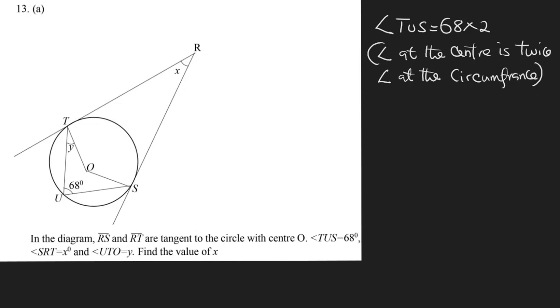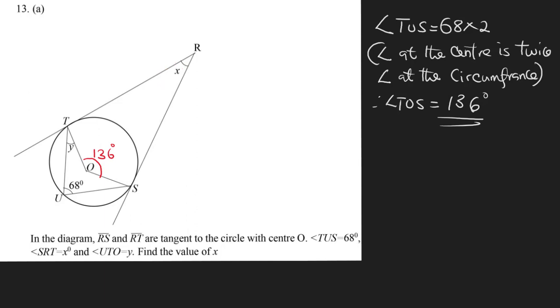So that's the reason. So therefore, angle TOS is equal to 68 times 2, which is 136 degrees. So that means this O here is 136 degrees. Remember that we're looking for this X.